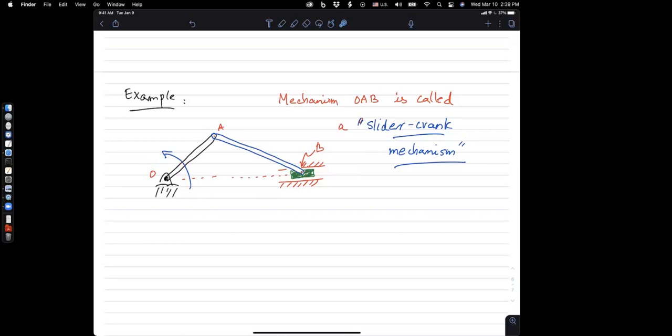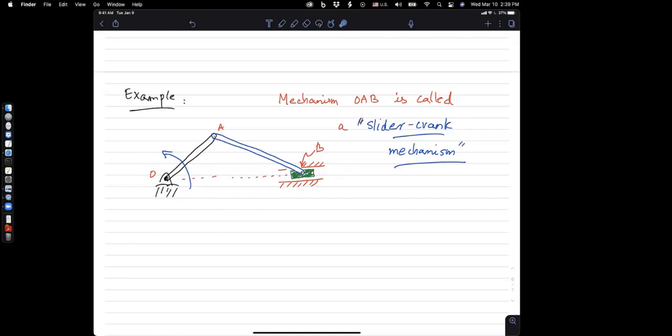This converts translational motion of the piston to rotational motion of this crank. This is called the slider, this is called the crank. Linear back and forth motion of this gets converted into rotational motion of this. This object is eventually connected to the wheel, and that's how cars go.